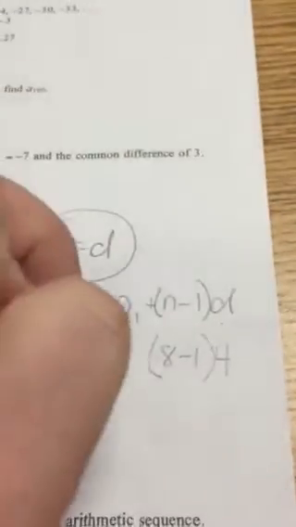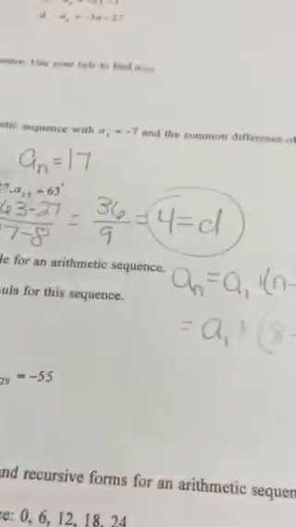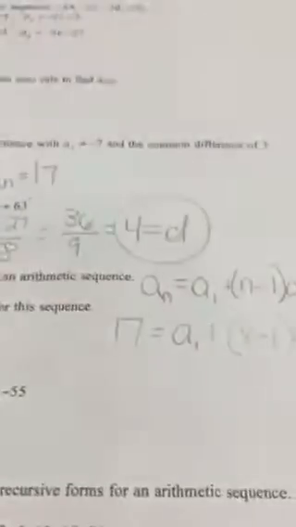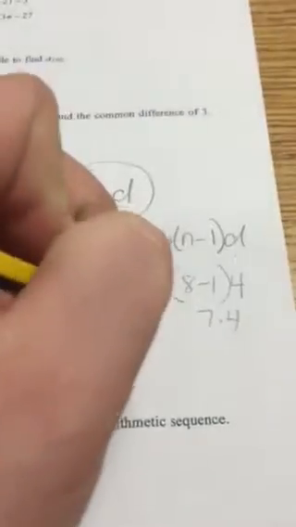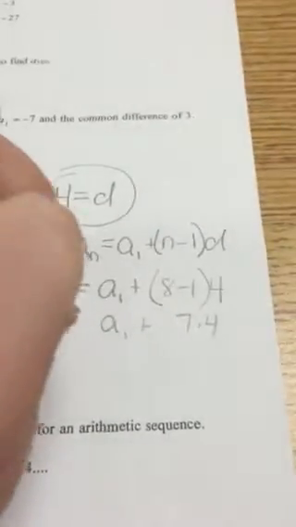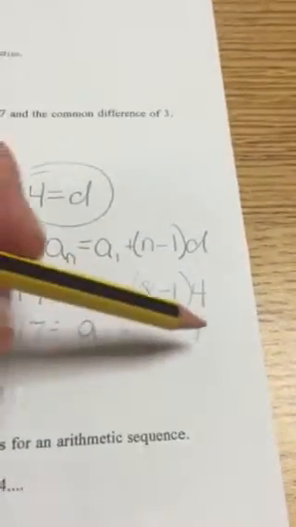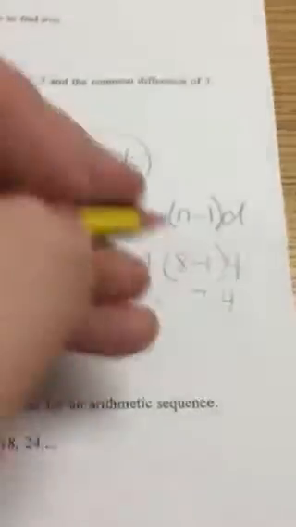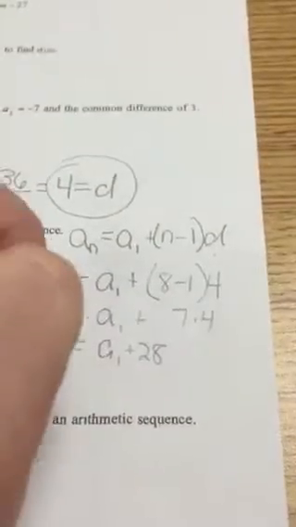So my n equals 8, 8 minus 1, we do not know the starting term, that's what we're looking for, equals 17, so all I'm doing is plugging in numbers I know. Now I have 8 minus 1, which is 7, times 4. 7 times 4 is 28, a1 plus 28 equals 17.